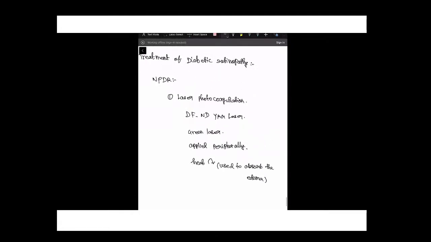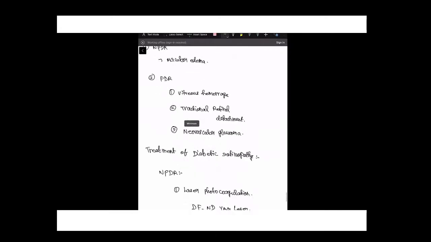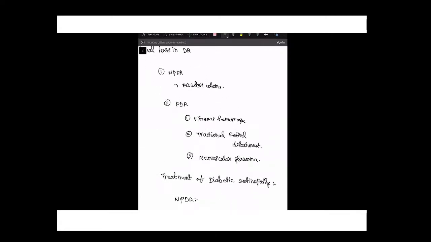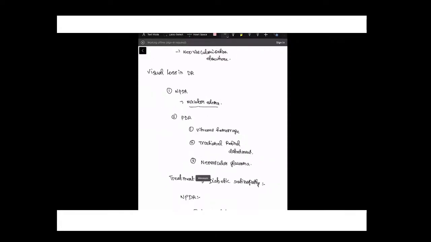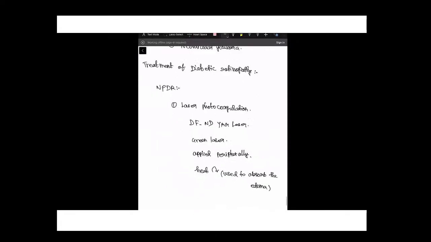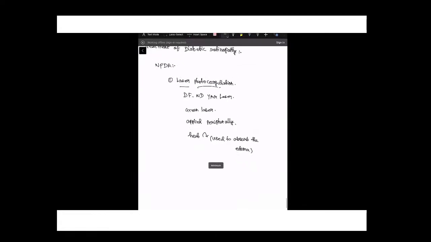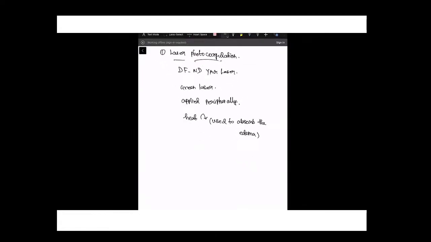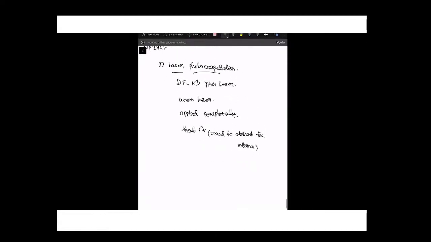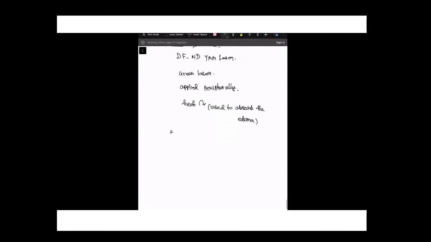So we have learned that in non-proliferative diabetic retinopathy, macular edema is going to cause the vision loss. So the main line of management is going to be first line, and the main line is going to be laser photocoagulation to absorb the edema. Next to laser, we have drugs, that is anti-VEGF.